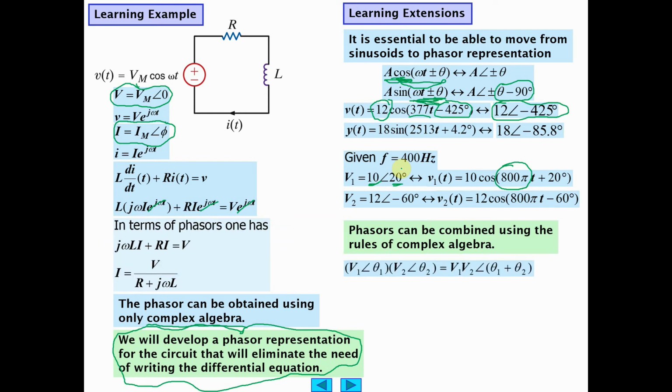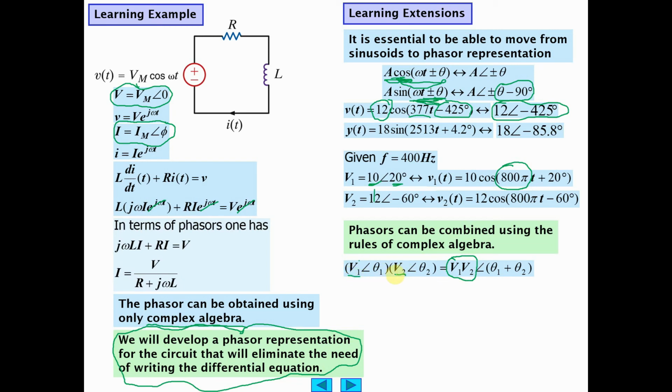So you combine things with the rules of complex algebra. Magnitudes in complex algebra. Remember, this is V1 times e to the j theta 1. And this is V2 e to the j theta 2. So we can write, you multiply the two amplitudes together.